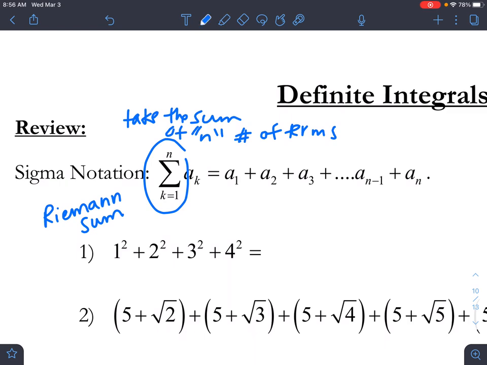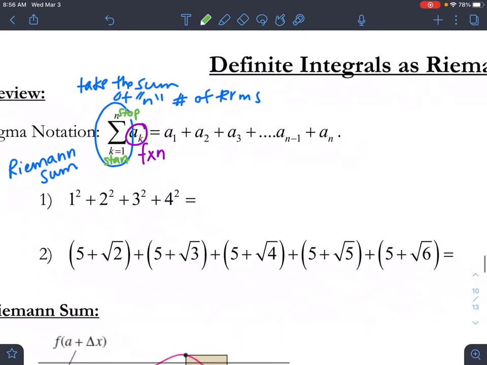This part right here, I'll change colors, is basically your function. What else do we know here? We know we're going to start at 1, we're going to stop at n. Basically you end up plugging in n equals 1, n equals 2, n equals 3, up to n.